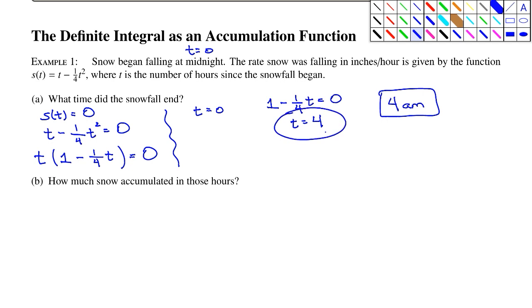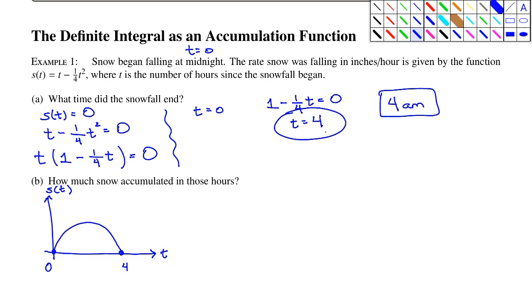Question B: how much snow accumulated in those hours? So if we look at a graph of the little s of t function, we know it's a parabola that has a root at 0 and at 4. And it's a downward facing parabola. So it looks something like this.